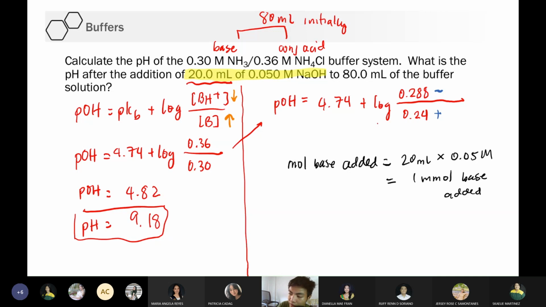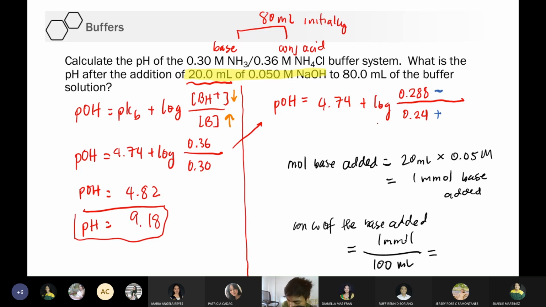Okay? Pero ang gusto natin ay concentration kasi yun yung equation natin. So you divide the millimoles of base added by the final volume, which is 100 ml.